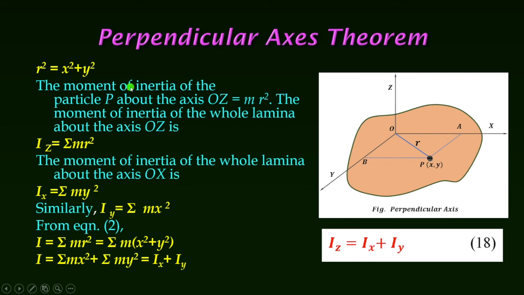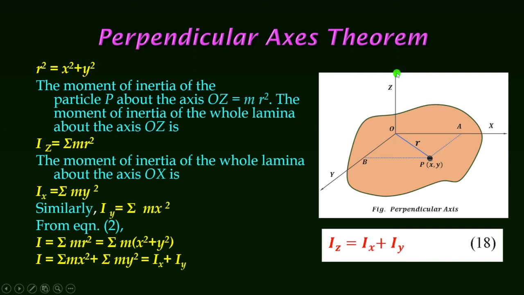If the body is rotating about the x axis, then Ix equals summation of m y square, and if it is rotating about the y axis, the distance is x, so Iy equals summation of m x square.